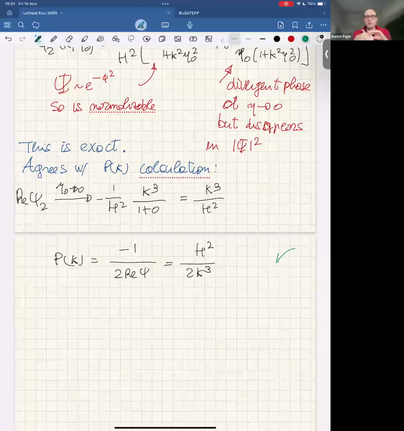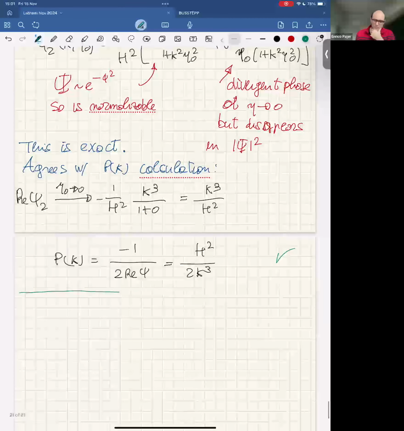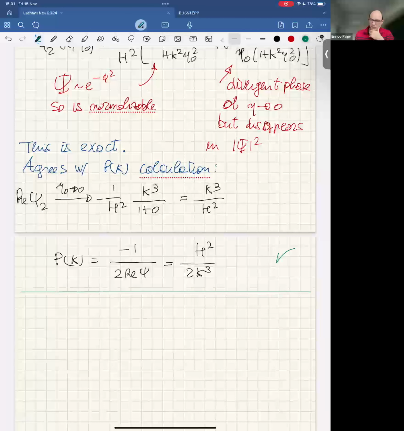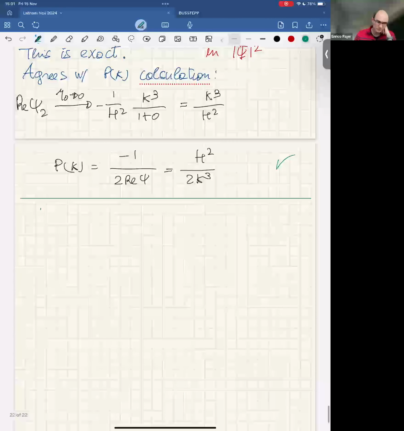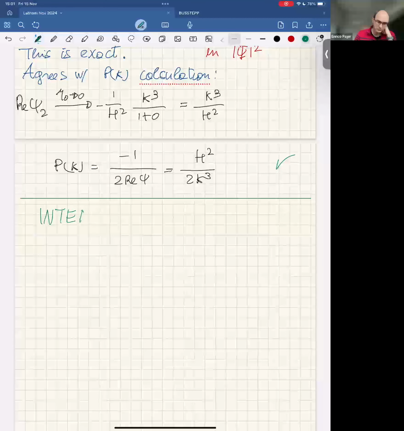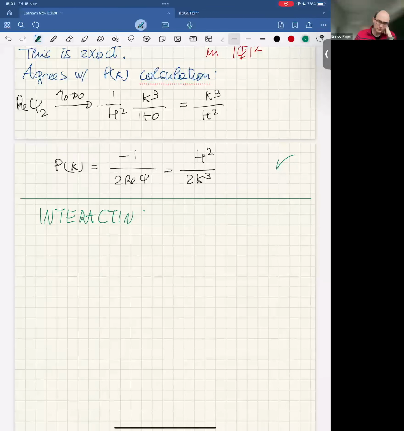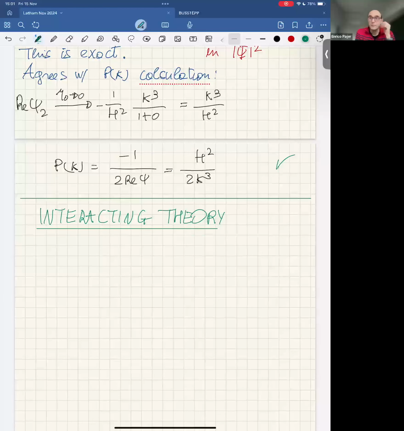So I found that indeed it gives the same result as it should, but I computed it in a very different way. Okay. Any questions so far?